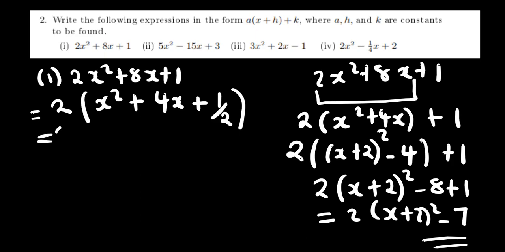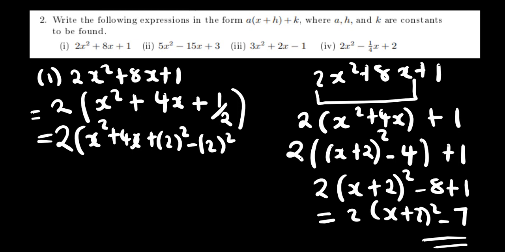So I'm going to say 2x squared plus the 4x, the half of 4, that is a 2. So I'll say plus 2 squared minus 2 squared plus your half. It's the same question that I'm solving. So what am I going to have?